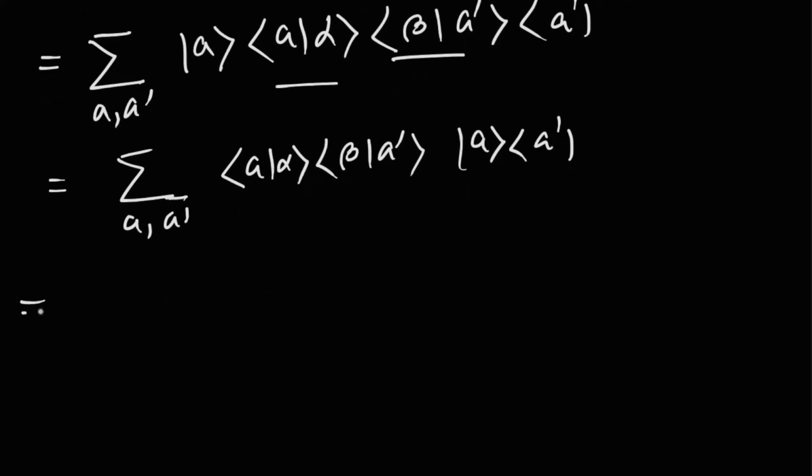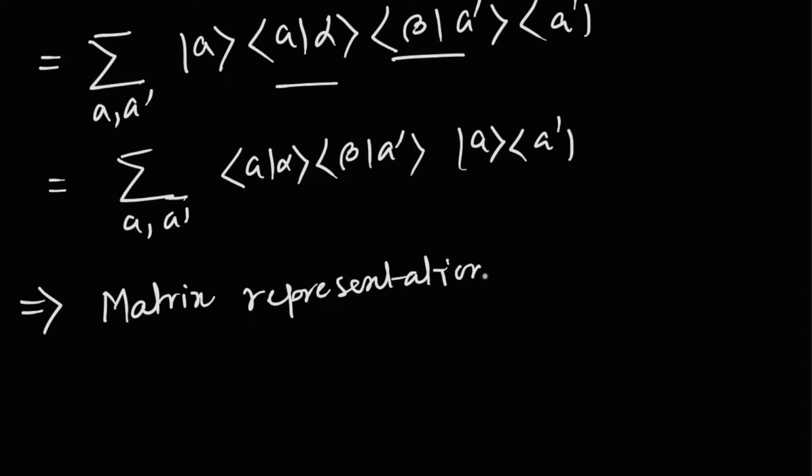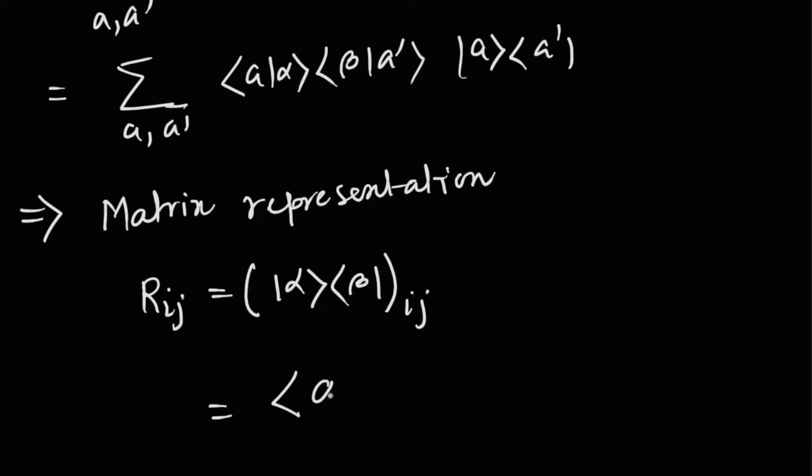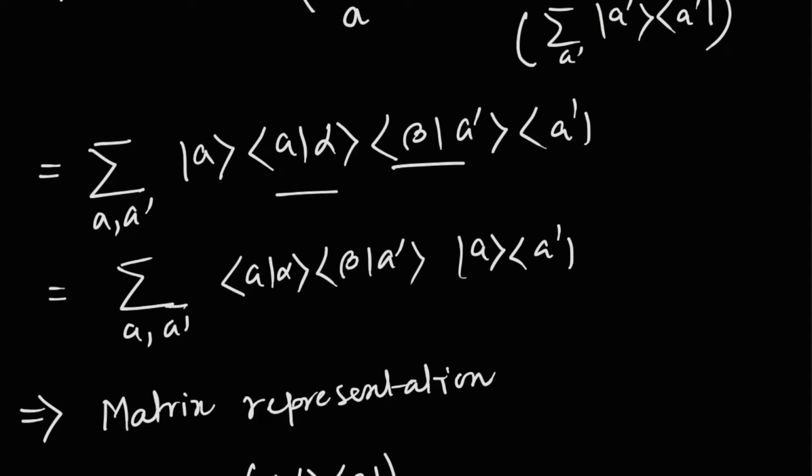So in matrix representation, R will look like R_ij, the ij element of the alpha beta operator will be <a_i|alpha><beta|a_j>. So we have solved the first part of the question.